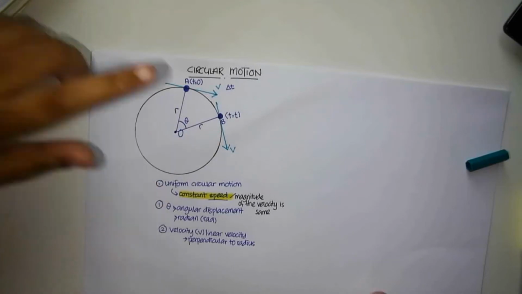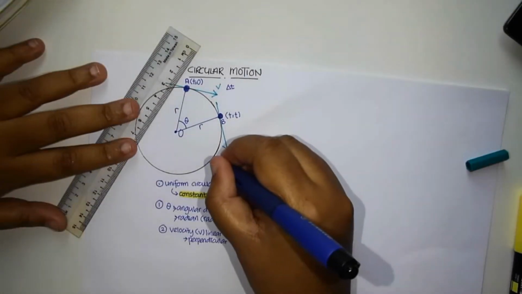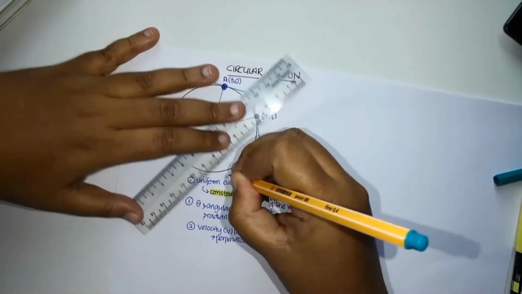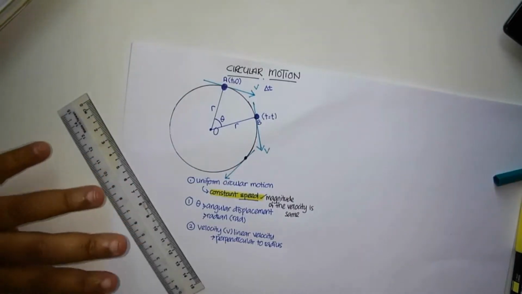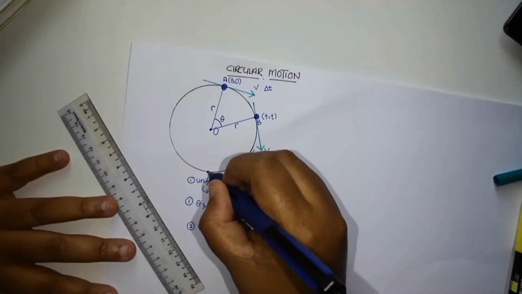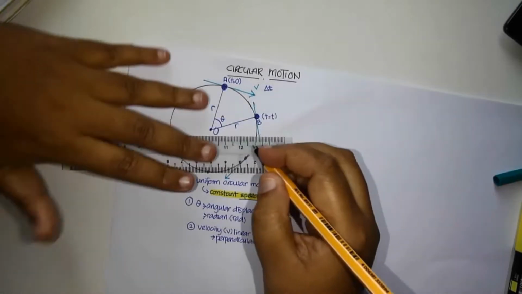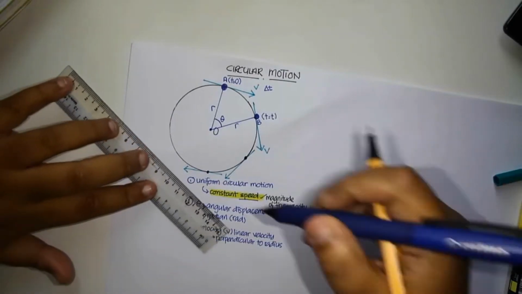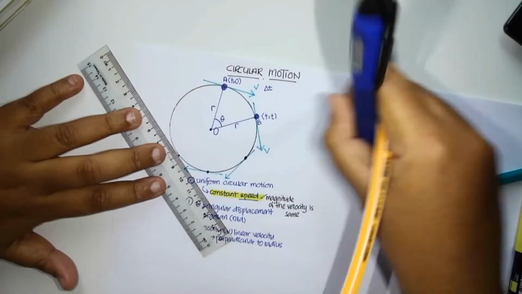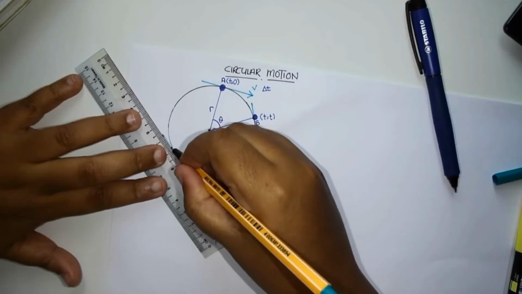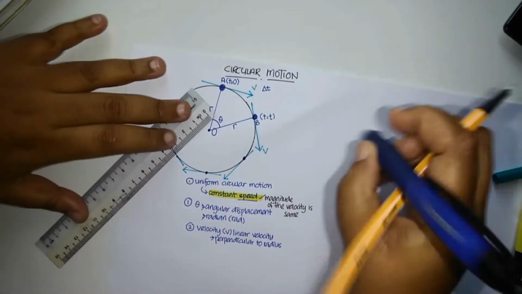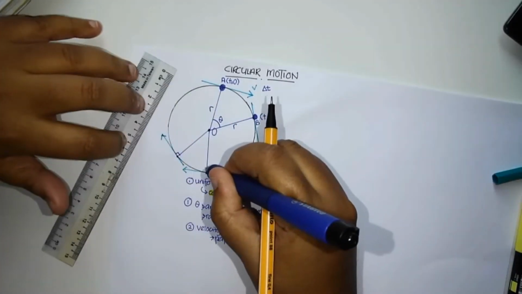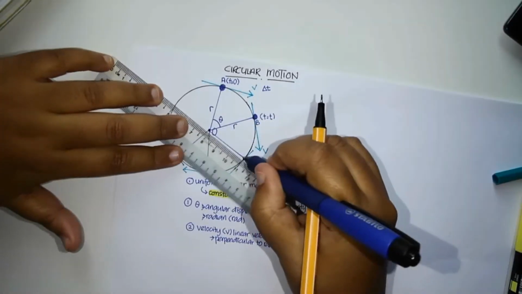So if you see here, if the particle is at this point, then you have the velocity like this. If the particle is at this point, then you have the velocity like this. This is a linear velocity. If the particle is at this point, then the linear velocity is like this. So it's always perpendicular to the radius, and so on.